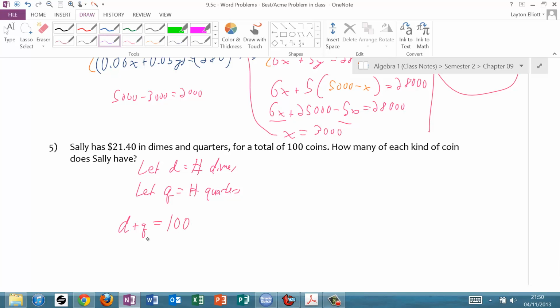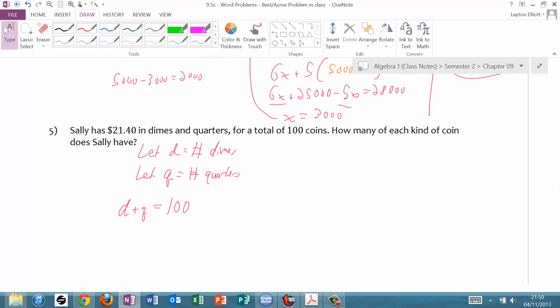And then what's the value of a dime? Let's do cents, because cents makes it so we don't have decimals. So 10 times d plus 25 times q equals, expressed in pennies, 2140.